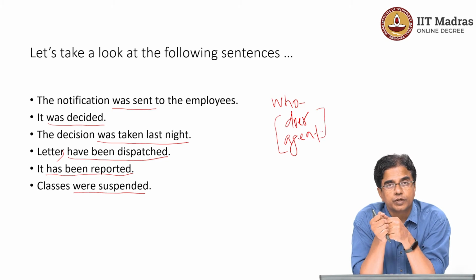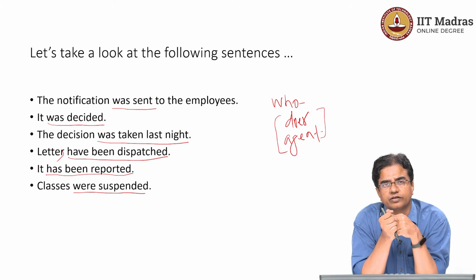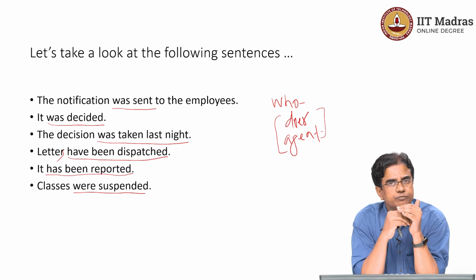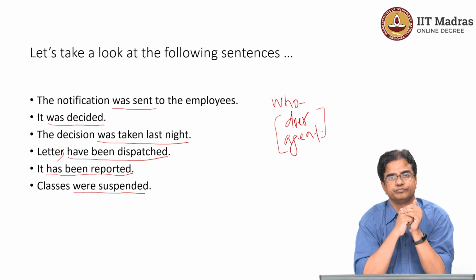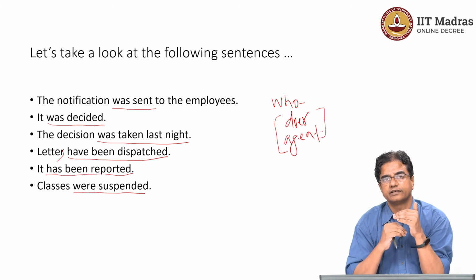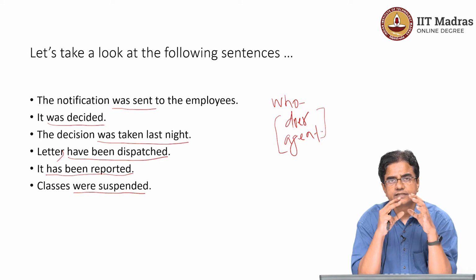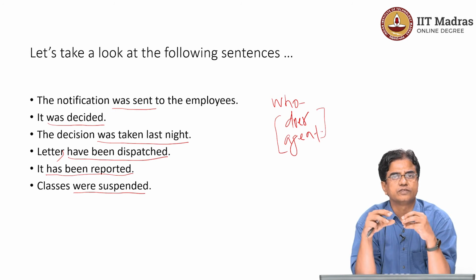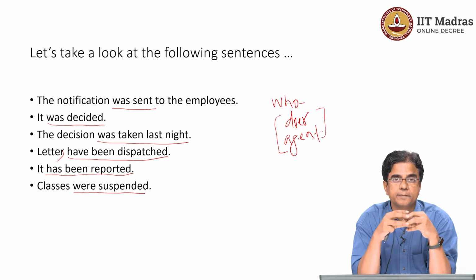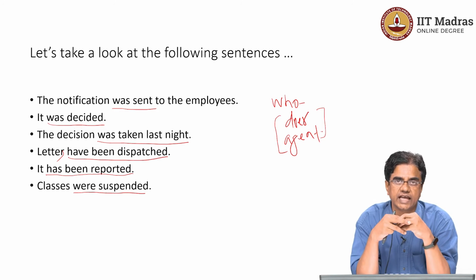Doer part, that is agent part. But they don't have to be the same all the time. We will discuss that part as well. Meaning, the subject is most of the time the doer of the action also. Subject is also the agent.